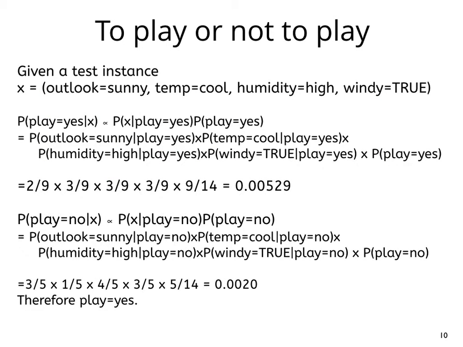Given a test instance X where outlook was sunny, the temperature was cool, the humidity was high and it was windy, we want to compute the probability that play will be yes given this test instance. So we want to compute play equals yes given the test instance X, and this can be swapped by using the Bayes rule as X given play equals yes multiplied by play equals yes.